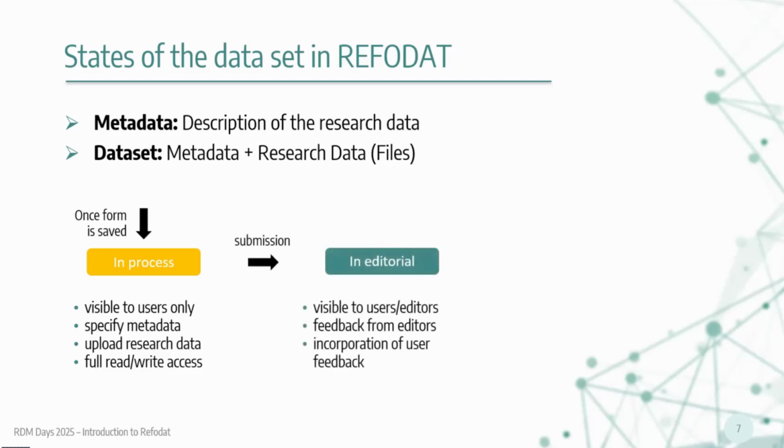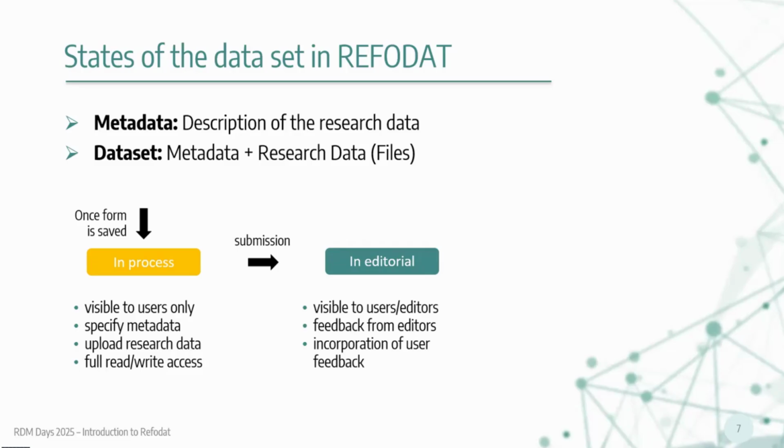After that, when you submit the record with the dataset and the metadata, it will change status and be in editorial, and will then be visible to the user as well as the editors of REFODAT.